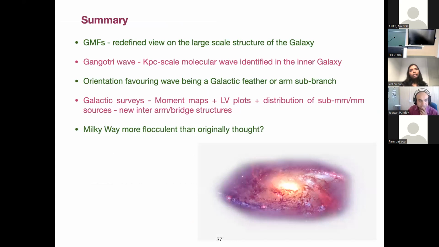Its orientation is more consistent with it being a feather or spur-like structure than a bona fide arm. With recent high sensitivity and high resolution surveys using different techniques, we are able to identify new inter-arm bridges or structures which can redefine our current view. It may point that the Milky Way is more flocculent than originally thought.